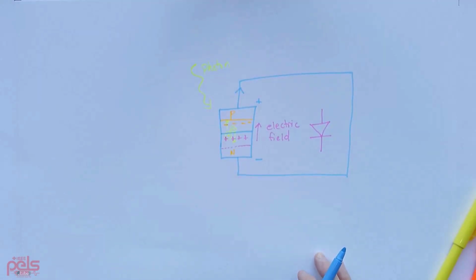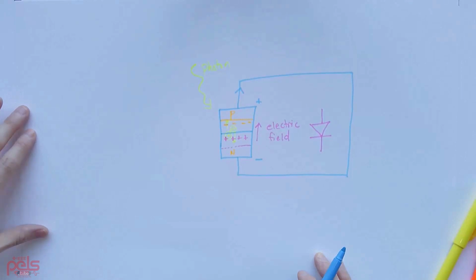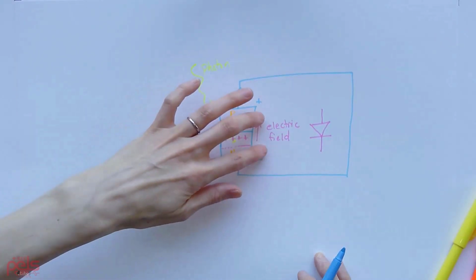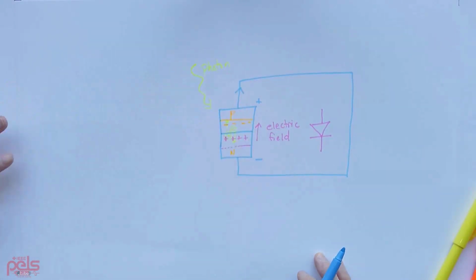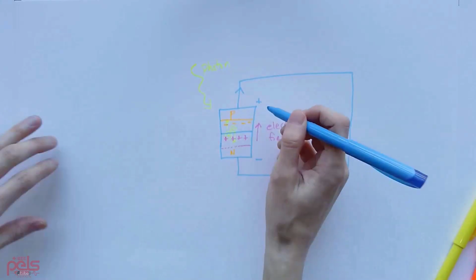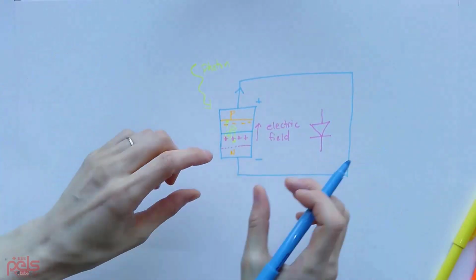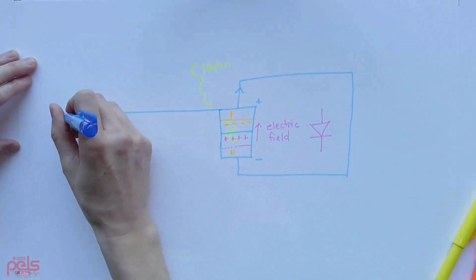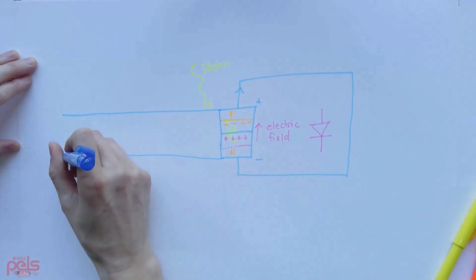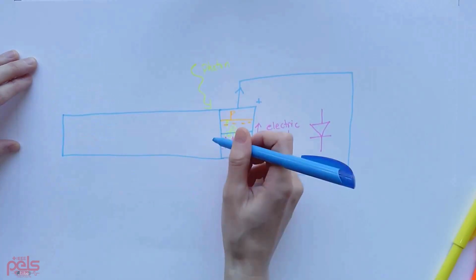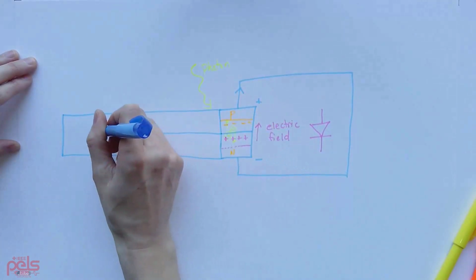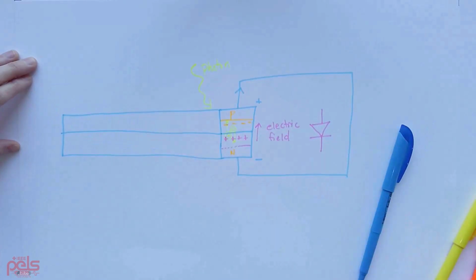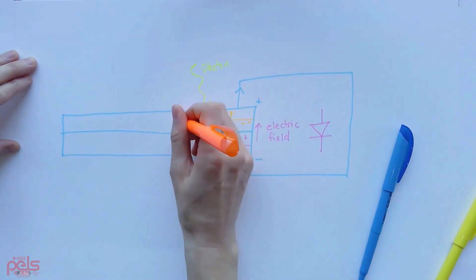For a solar cell, what we want is a large area so that this electric field is over a really large area. So instead of a tiny diode like we're used to, a tiny component, we're going to extend this, so make it as long, as flat as possible with a large area. And then you can see you would get a larger depletion region.